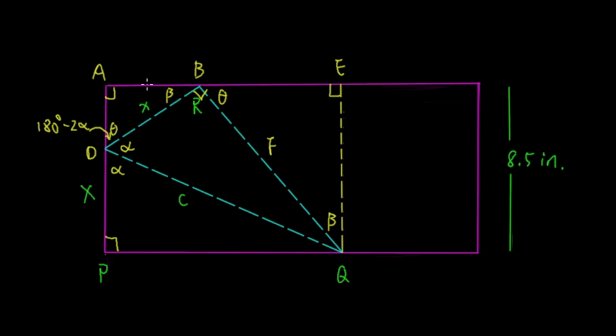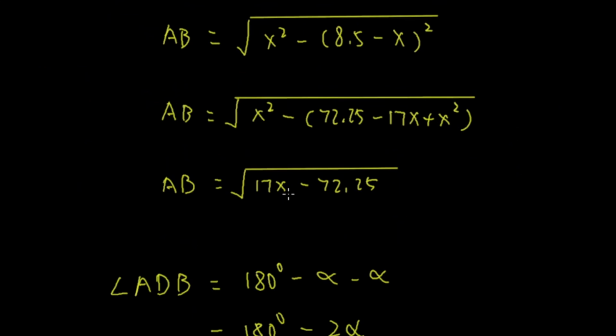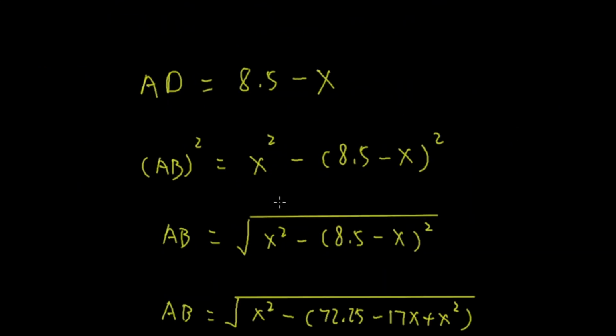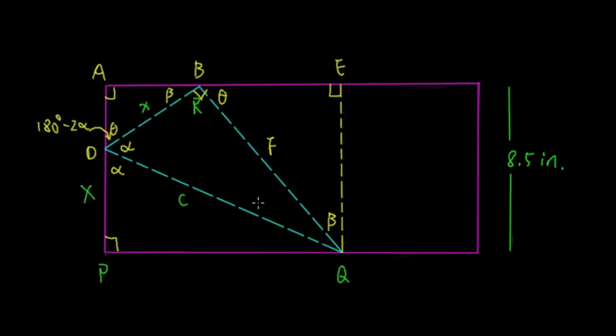Now, for triangle ABD, we know that this is x, this is 8.5 minus x, and this is equal to square root of 17x minus 72.25, right? Then we can use similar triangle to find out what f is, which is BQ, right?